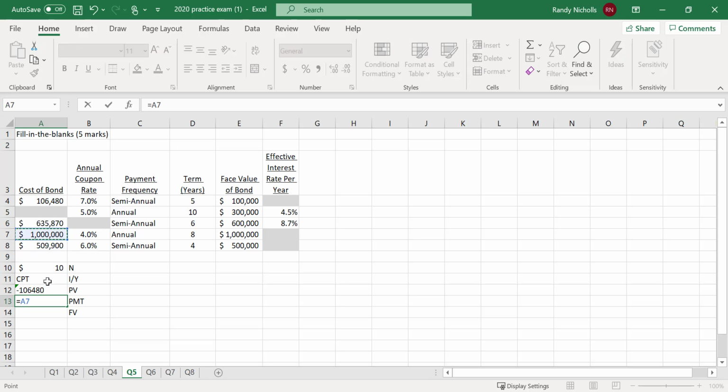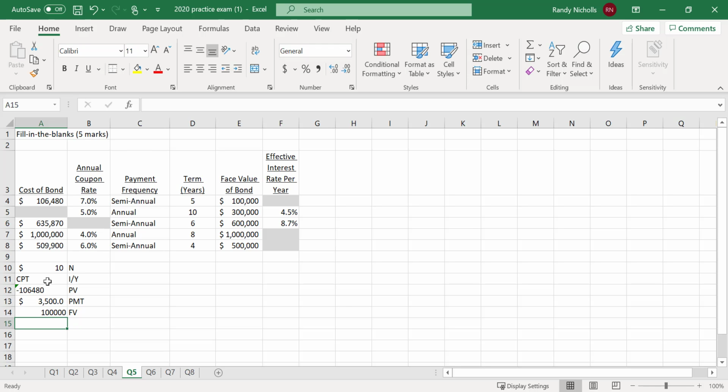I'll do the formula here, it might be easier. Times the coupon rate, right? All the coupon rate is there for is to help me calculate a payment. So that's my annual interest, and this is semi-annual, so I need it times 6/12 or 0.5 or 1/2. And my future value is just the face value.